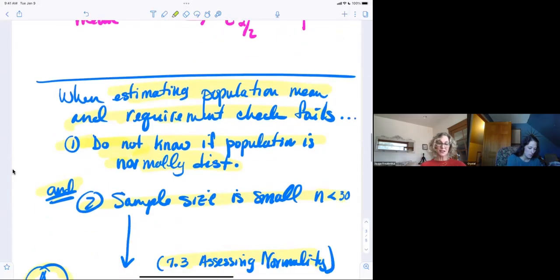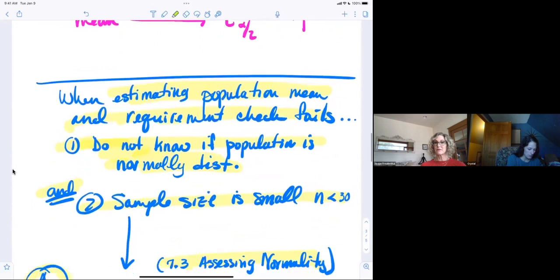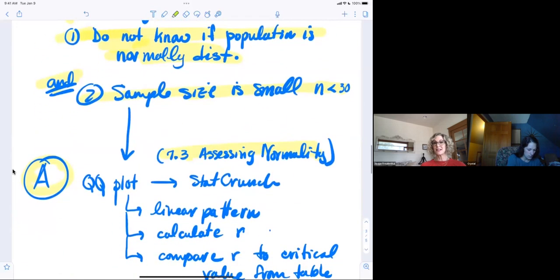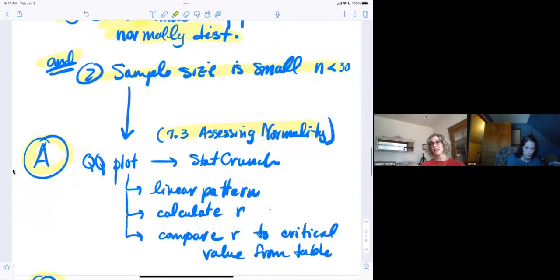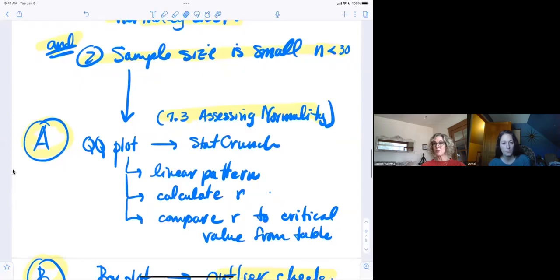If the sample size is more than 30, we're fine and we can use the T distribution tools. If your sample size is small, then we have to check normality, like we did in 7.3.